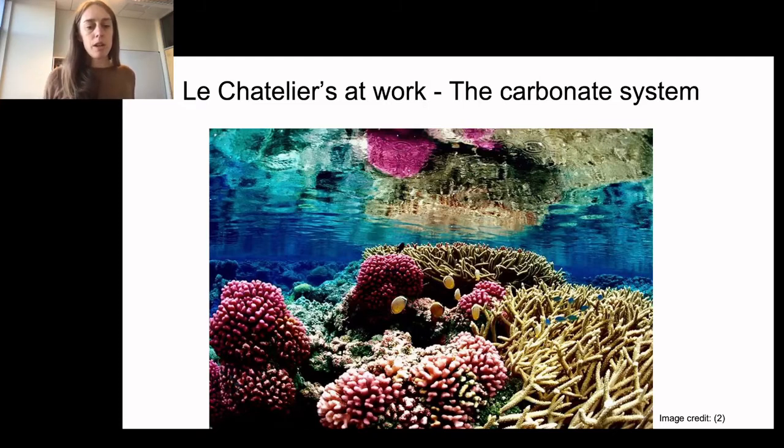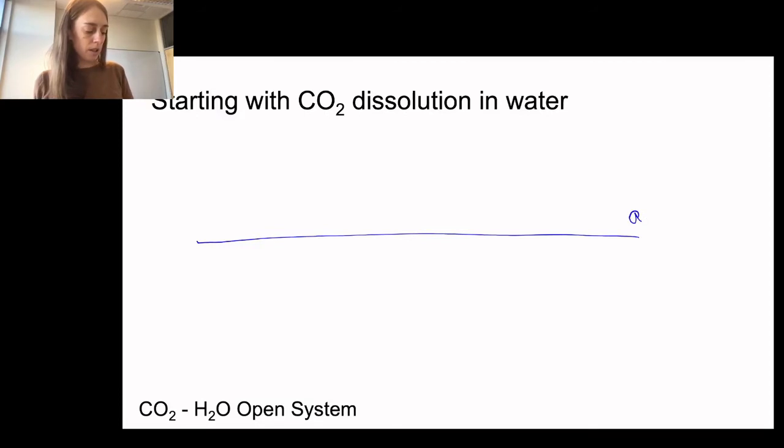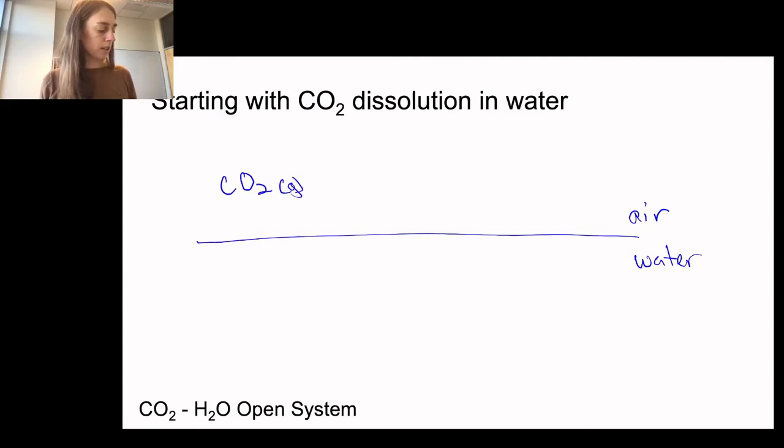So to kick this whole thing off, we need to start by thinking about the dissolution of CO2 in water. So if we have some air-water interface where we have air above water, and we know that we have quite a bit of CO2 in our atmosphere as a gas, we also know that we can have CO2 in our water in dissolved form.